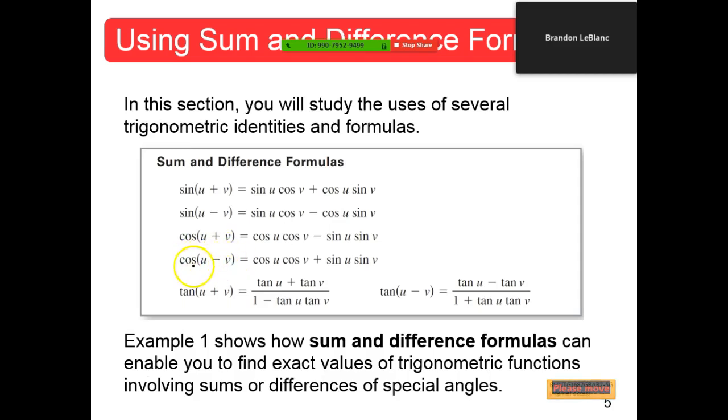The cosine of negative v doesn't change because it's an even function, but sine of negative v changes its sign, so that makes that a plus. The u's stayed just like they were. Okay? So you just change the sign again, but now it goes from, rather than plus to minus in sine u, it's minus to plus with cosine, in the sum and difference formulas.